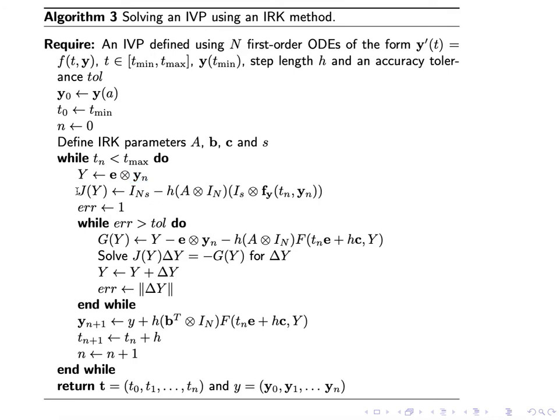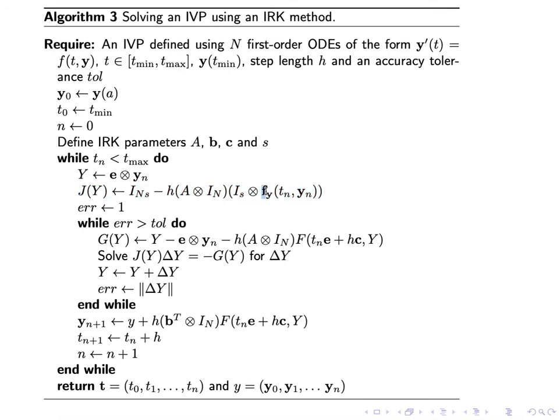We pre-calculate this Jacobian. We're assuming the Jacobian is not going to change relative to big Y. In essence it does, but we're prepared to sacrifice some efficiency in the Newton's method for ease of use.